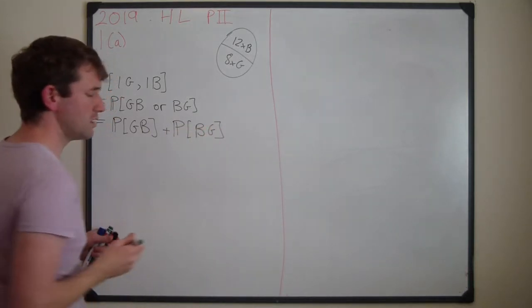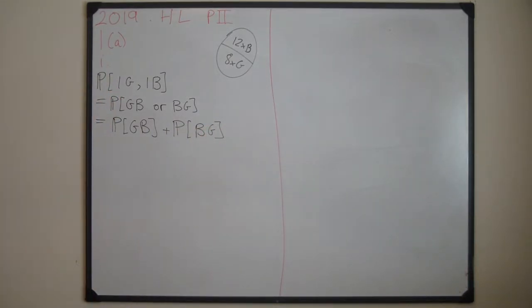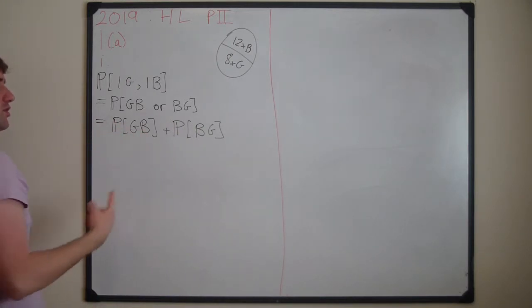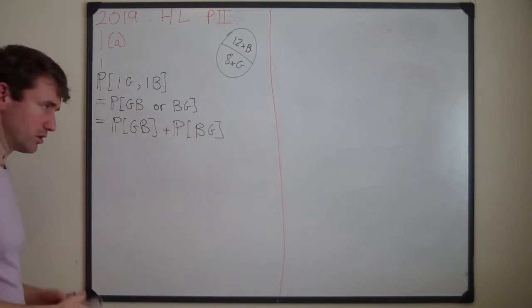Now here, the event of picking a boy after picking a girl, these are what I call non-independent, so we will be multiplying the probabilities, but it's not going to be the probability of drawing a boy, it's going to be the probability of drawing a boy given that you've drawn a girl.